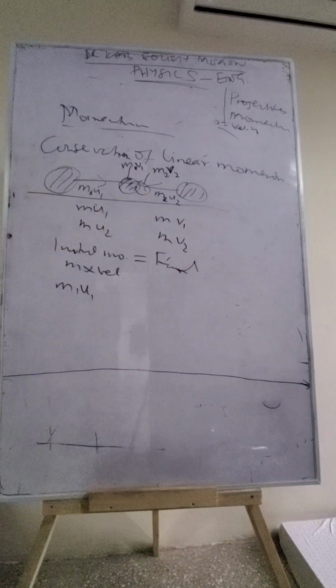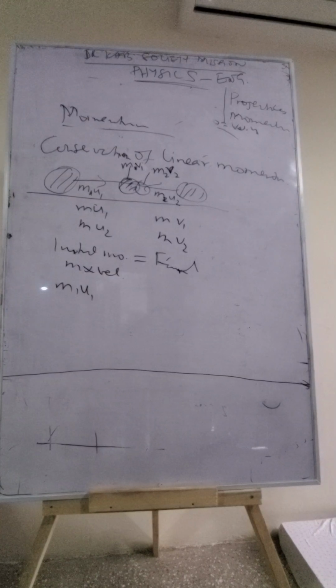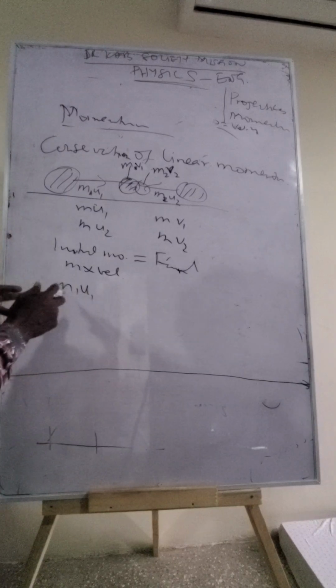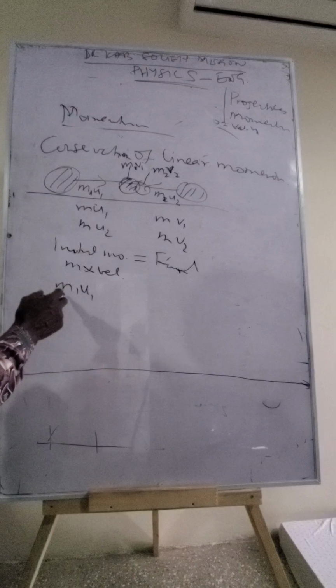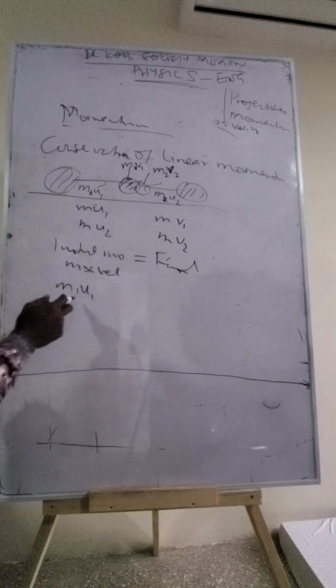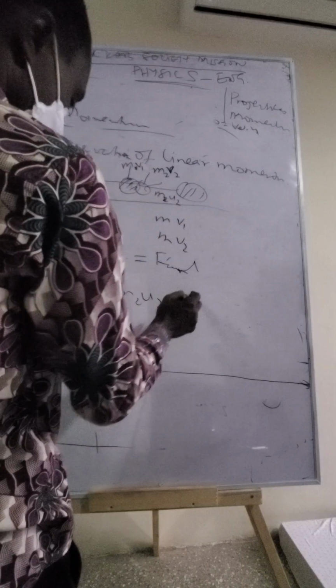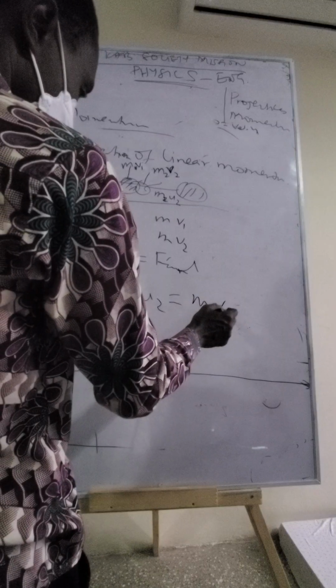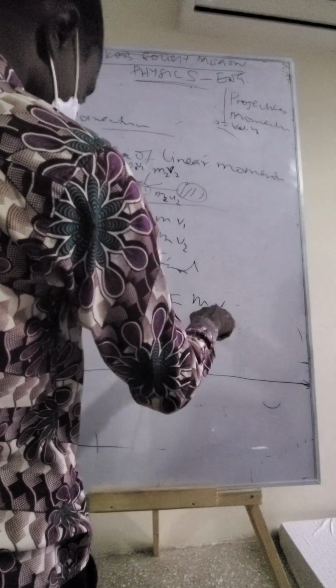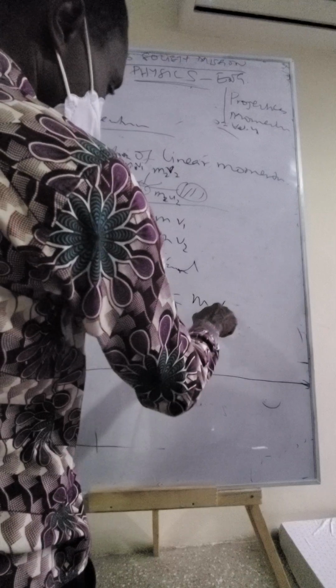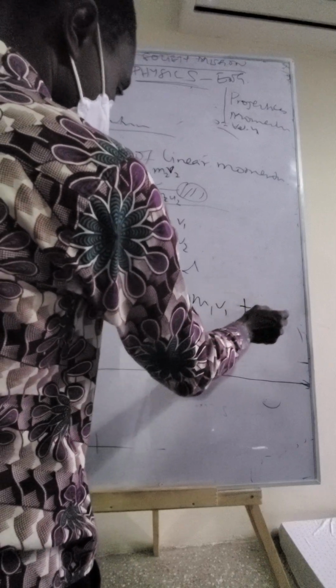If you do that, as you go along, you should get the same thing as the first one. Now, what we are saying is the sum of the initial momentum, this plus m2 u2, will be equal to m1 v1, or m1 v, plus m2 v2.